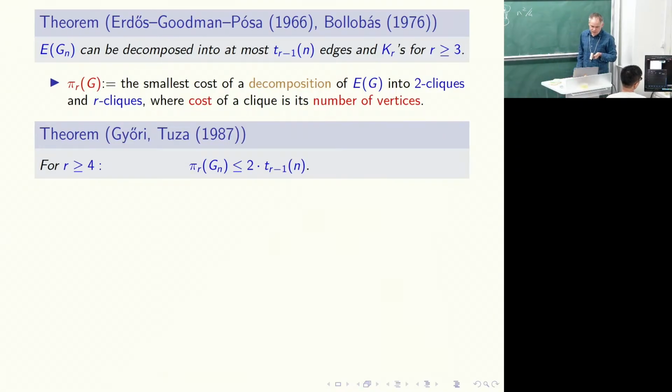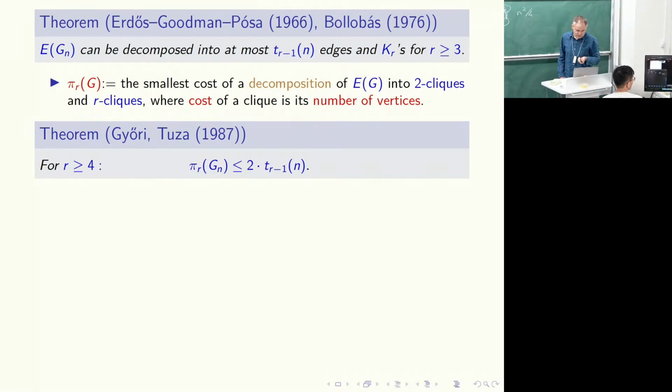And Győri and Pósa, 10 years later, proved that if R is at least 4, then the cost of decomposing a graph into edges and K_R's is twice the Turán number of R minus 1.